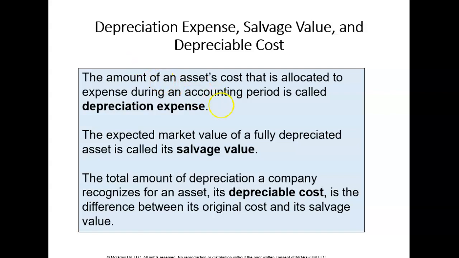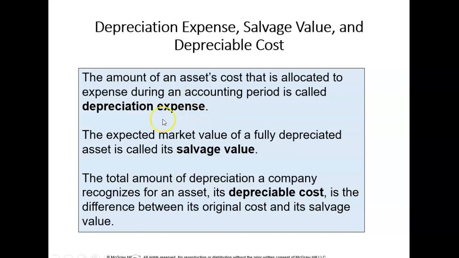Okay? Now, most long-term assets have what we call a salvage value. Salvage value, sometimes called residual value, is the expected market value of an asset once it has been fully depreciated. For example, let's say that you have a limousine service. You provide limousine services for your clients. Now, the limousines may be used for a period of 5 years. After that, you may decide that you want to purchase newer models for your clients.